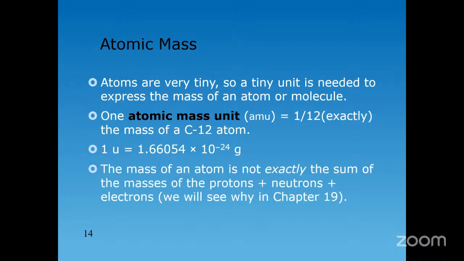Now, one thing that is mentioned here, and this might sound a bit counterintuitive, is that the mass of an atom is not exactly the sum of the mass of all the particles that are present in the atom. Now, that might sound weird, but that is actually true. And unfortunately, I cannot go into the discussion explaining that right now.